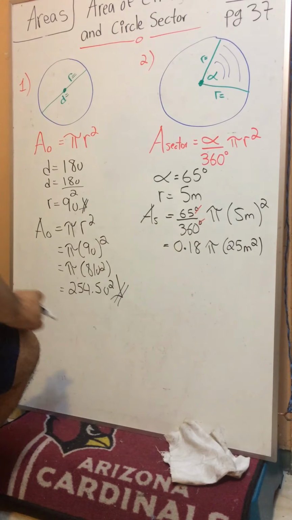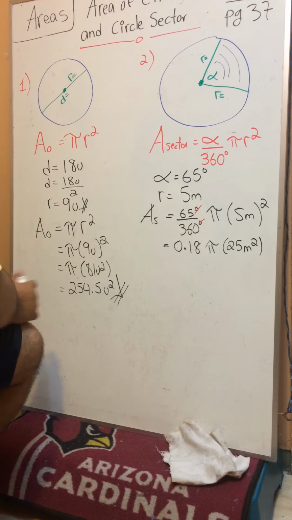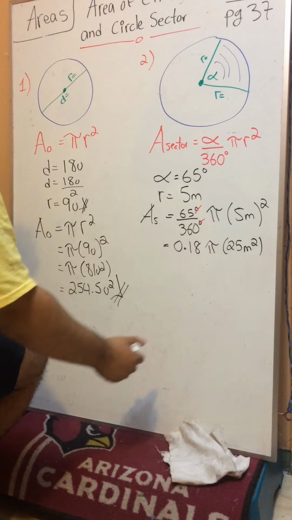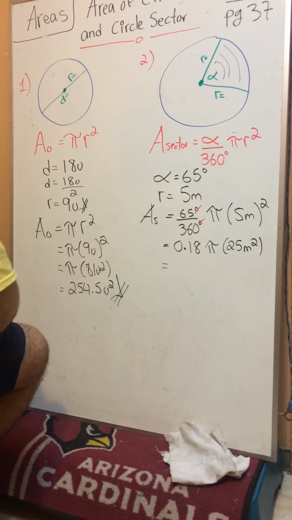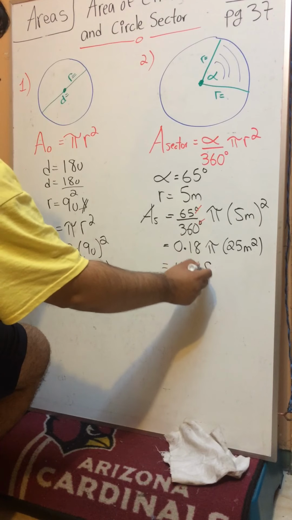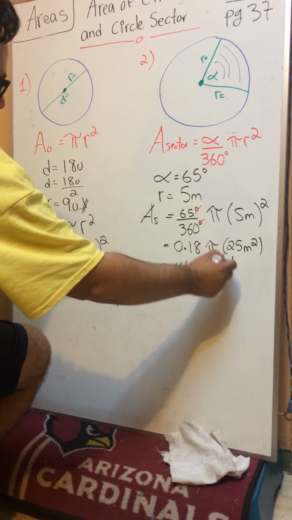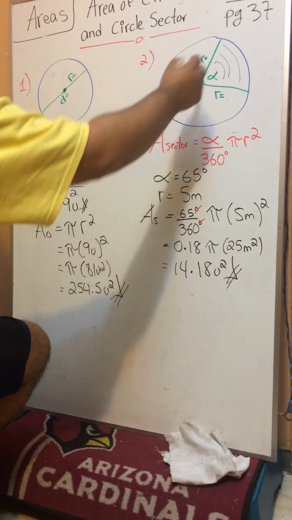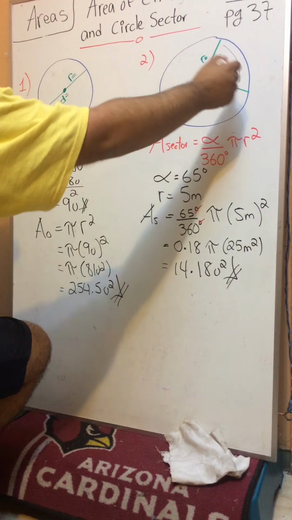Here's where we have the units of this area. And between these multiplications, we multiply 0.18 times pi times 25. If we do it on our calculators, the answer is going to be 14.18 units squared. And that's the area of the sector.